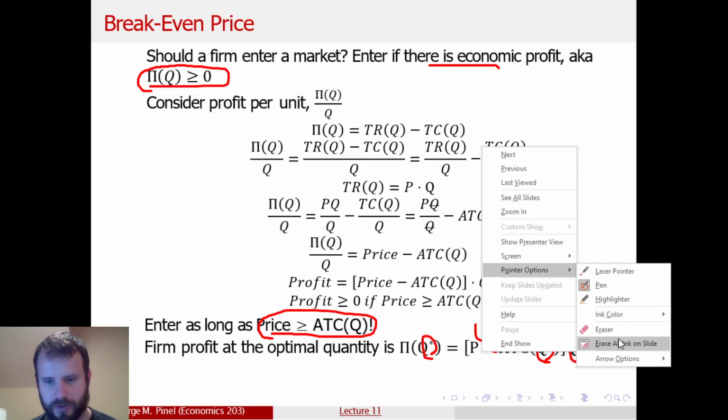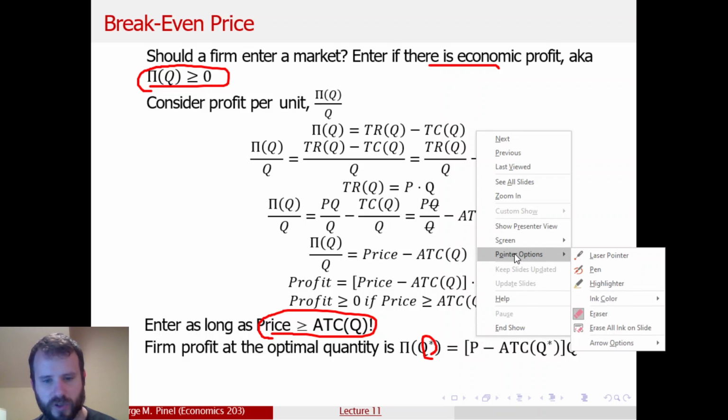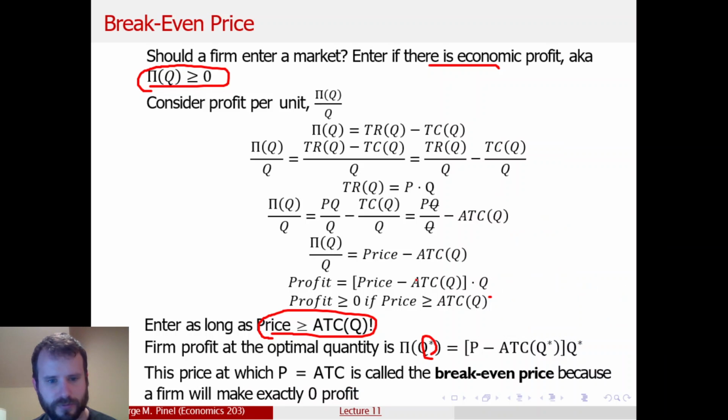The price at which P equals ATC is called the break-even price because firms will make exactly zero profit, aka normal profit.